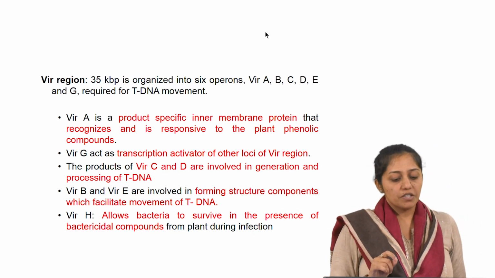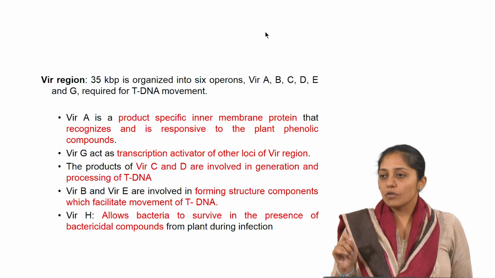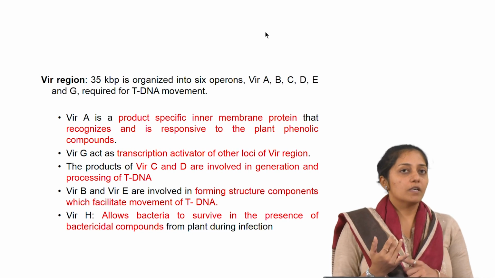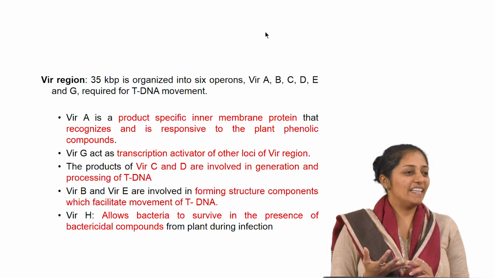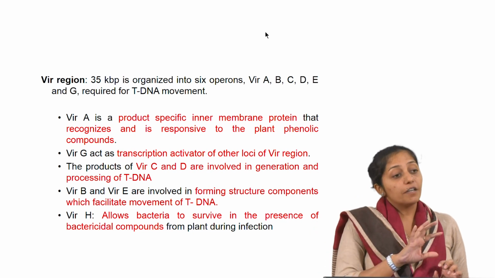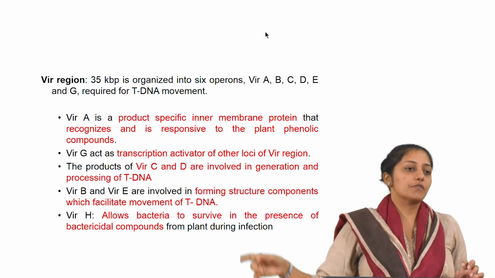Now the virulence region is generally 35 kbp long. It is organized in 6 operons: virulence A, B, C, D, E and G. And each of these regions plays a different role during this transfer process.